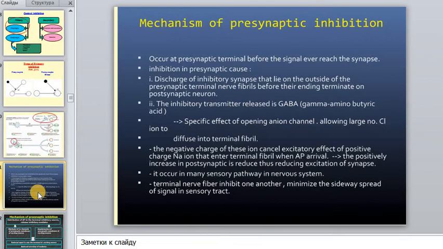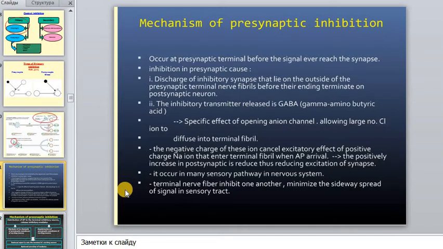And what we have, the mechanism of presynaptic inhibition. It first occurs at the presynaptic terminal before the signal ever reaches the synapse.